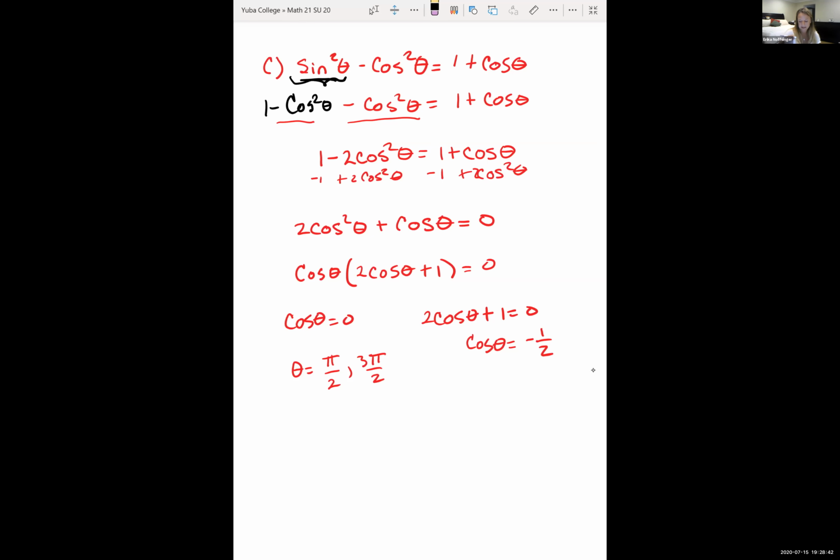To get into the second quadrant, that's 2 pi thirds. To get into the third quadrant, that is 4 pi thirds. So that was C, again, 5 points.